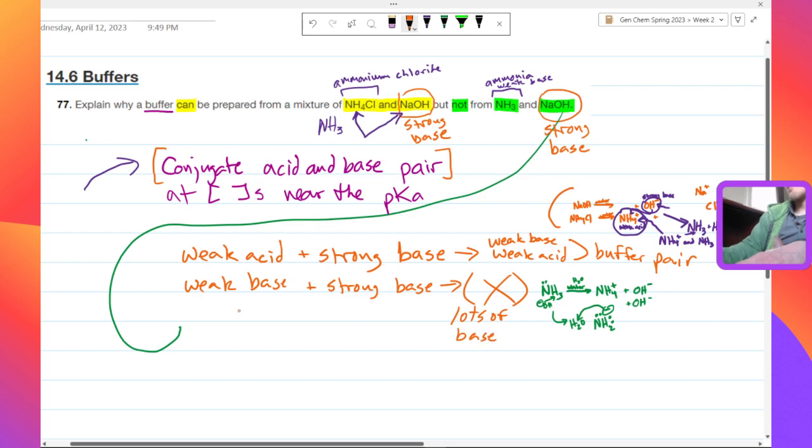Every time this weak base tries to create its conjugate acid, as is drawn out right here, if you've added hydroxide, it's going to take that from it, so it can be water. And you're just going to end up with more of this. So the strong base, if you combine it with a weak base, will essentially consume all of the conjugate acid that the weak base creates. And so you don't get a buffer, you just have lots of base.